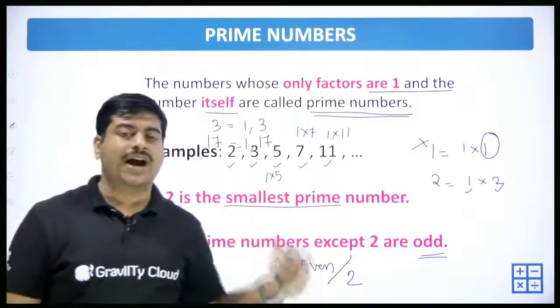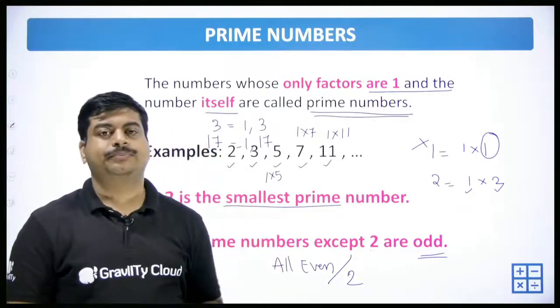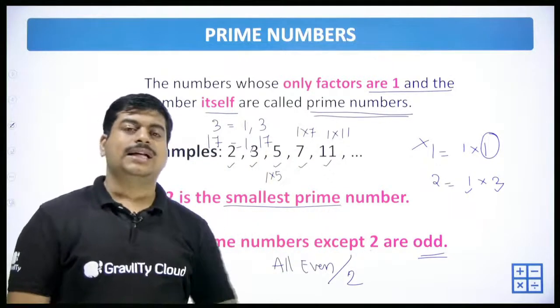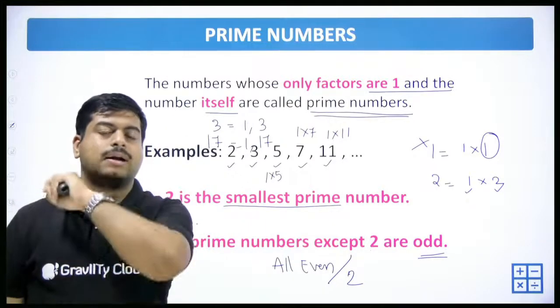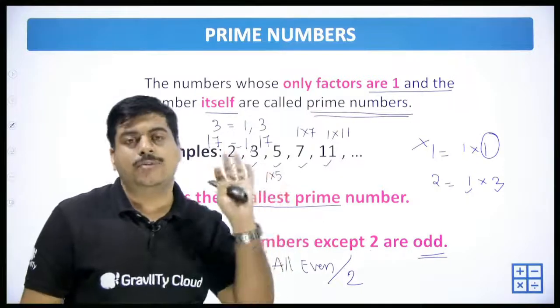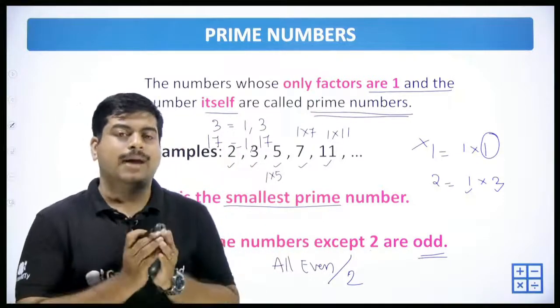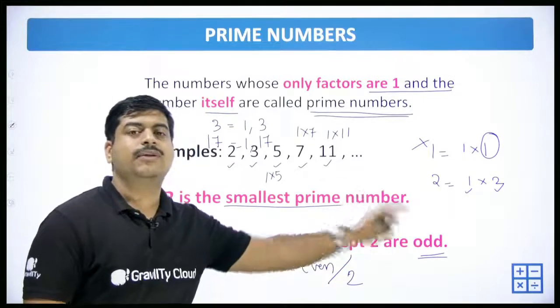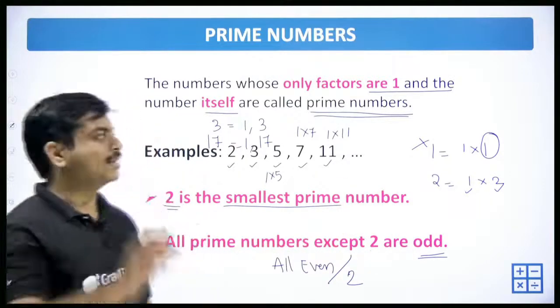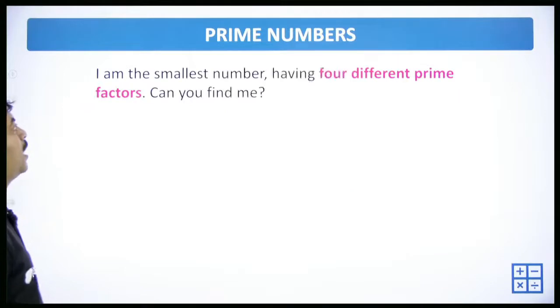They have a common factor, they have a factor 2. So that is the reason in the even numbers, only the number 2 is a prime number. The rest of the even numbers are composite numbers. And except the number 2, all the remaining prime numbers will be odd. Alright. So let's move forward.